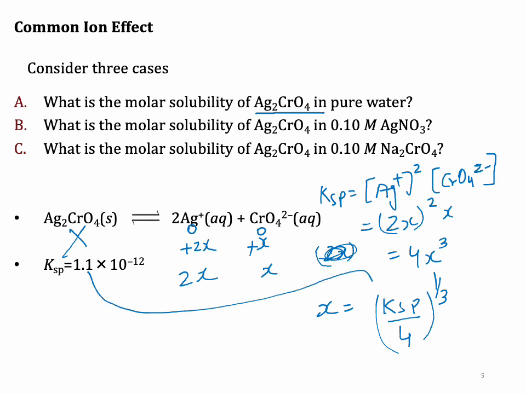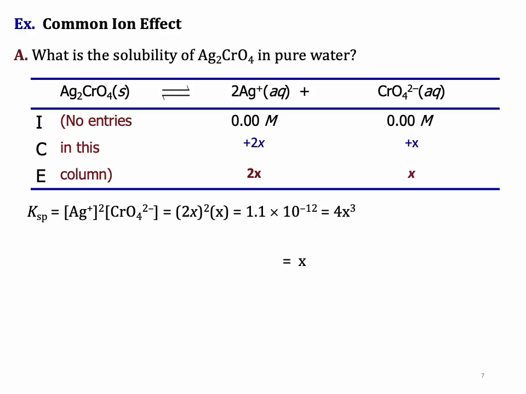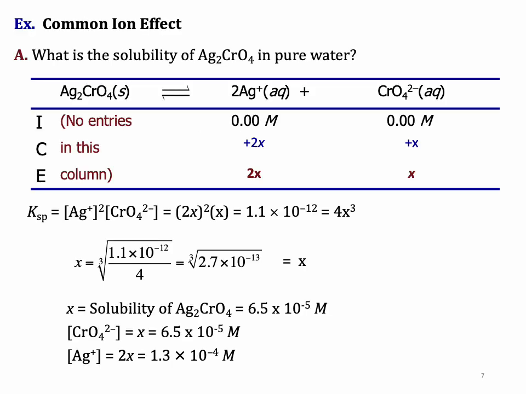Ksp is given to us, so we can plug in the value here, solve for x, and that would be our answer. That gives us 6.5 times 10 to the power of minus 5. That is the solubility of Ag2CrO4 in pure water.